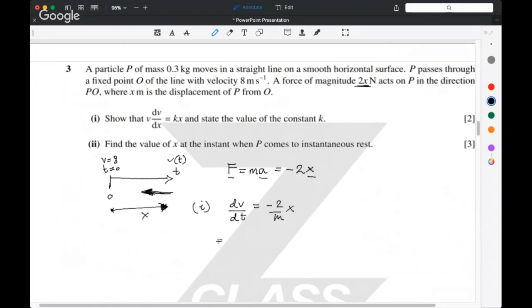And then we use the chain rule to express this as dv/dx times dx/dt. Well, dx/dt is just v, so this is equal to v dv/dx, which is minus 2 over m x, as we had before. So this is our k, minus 2 over m.